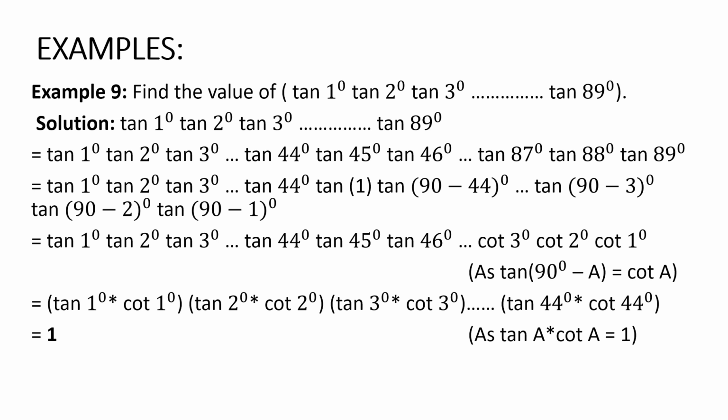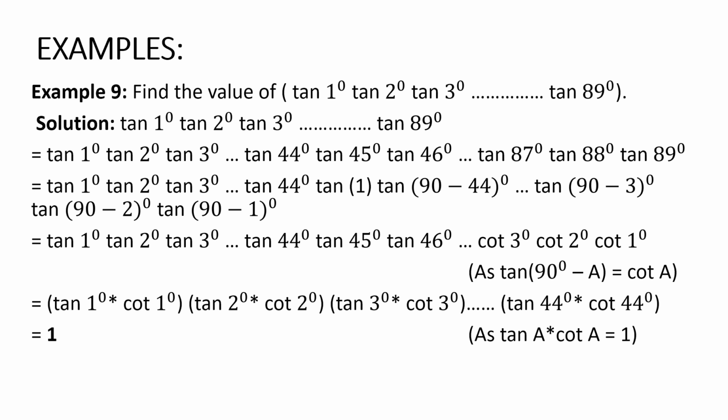And for the last three terms, tan of 90 minus 3 degrees is equal to cot of 3 degrees, because tan of 90 minus any angle A is cot A. So tan of 90 minus 3 is cot 3 degrees. Tan of 90 minus 2 is cot 2 degrees. And tan of 90 minus 1 is cot 1 degree.